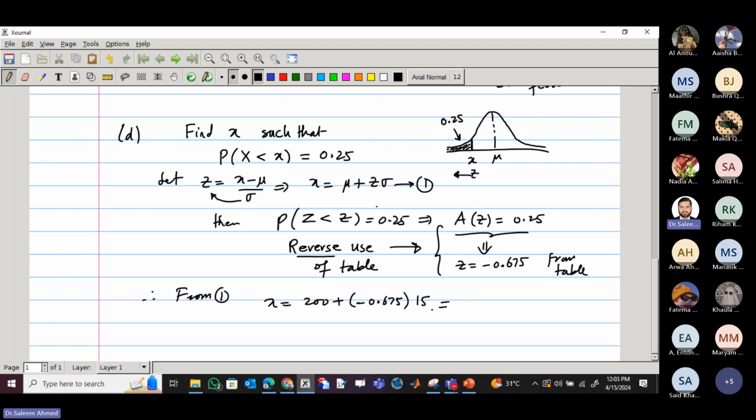So this will give me 200 minus 0.675 into 15, which is 189.875, right? So almost 190. So below 190, you will get the smallest 25% of the drinks.